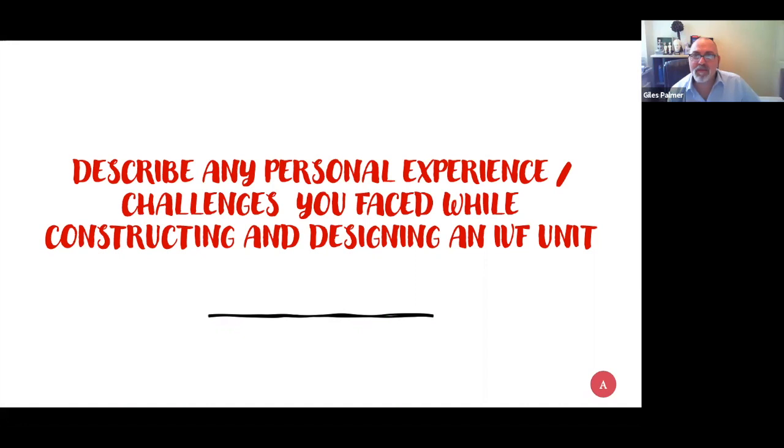Sure. I agree totally that it is a matter of cooperation, and my message would be education: have everyone on the same page, the architects, the building suppliers, and the people who do the installation. For example, from personal experience, one of the main problems, although equipment is getting smaller, is getting some of the larger parts of a lab, like the laminar flow or incubators, into the actual lab itself.